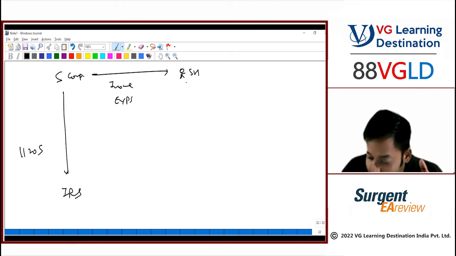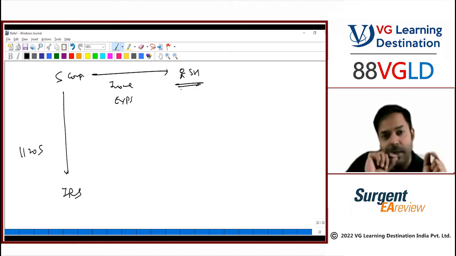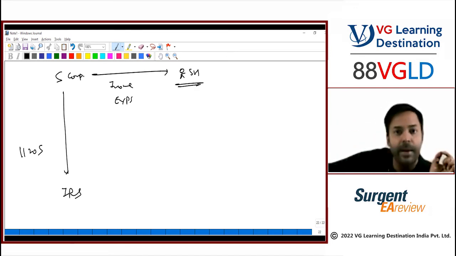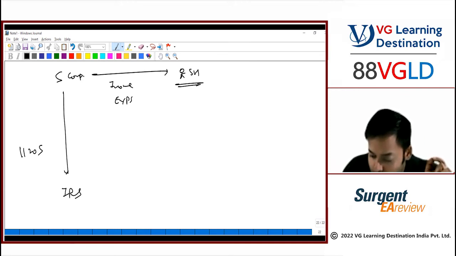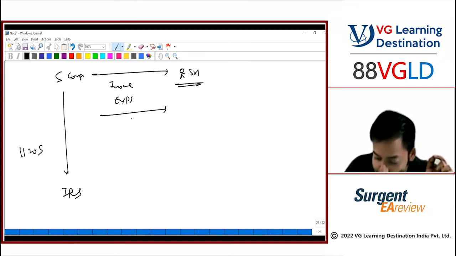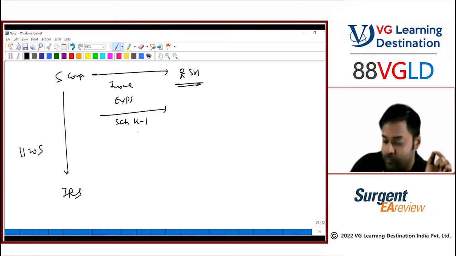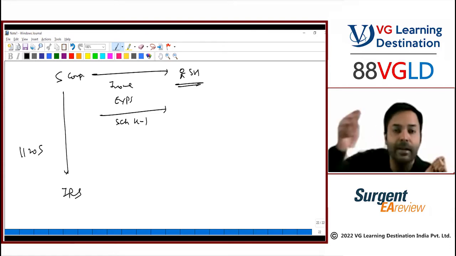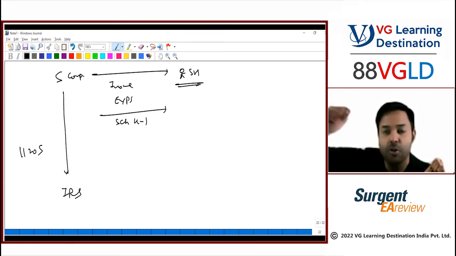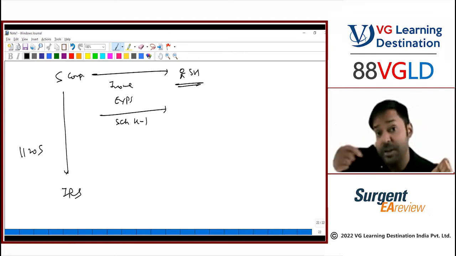Similarly, whenever you give income and expenses to the shareholder, you give a form called the Schedule K1. For every shareholder, you tell them this is your share of income, and you give the Schedule K1.